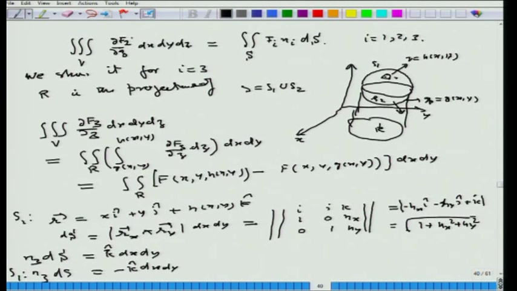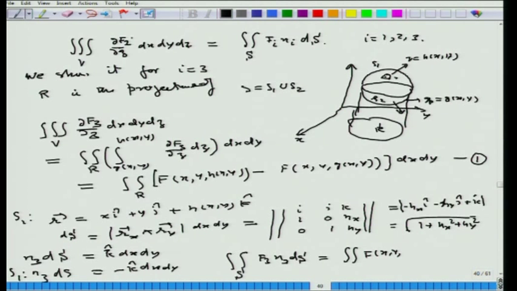The dot product with n 3 is 1 in absolute value, and because of the negative direction you get minus. So this minus sign will be adjusted. So, we get from this integral over the surface, f 3 n 3 ds, as f 3 at x y.